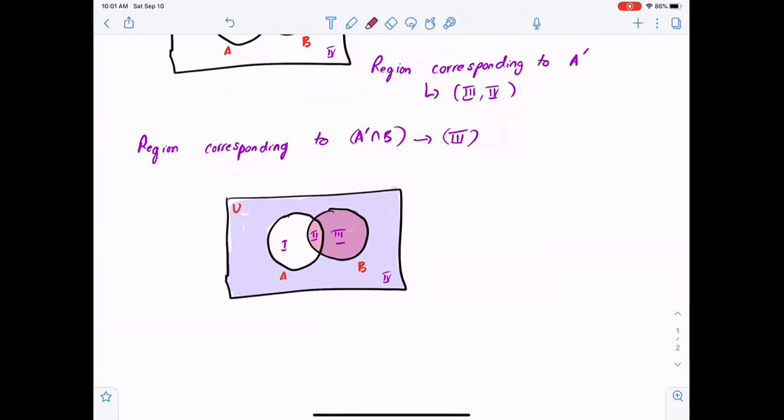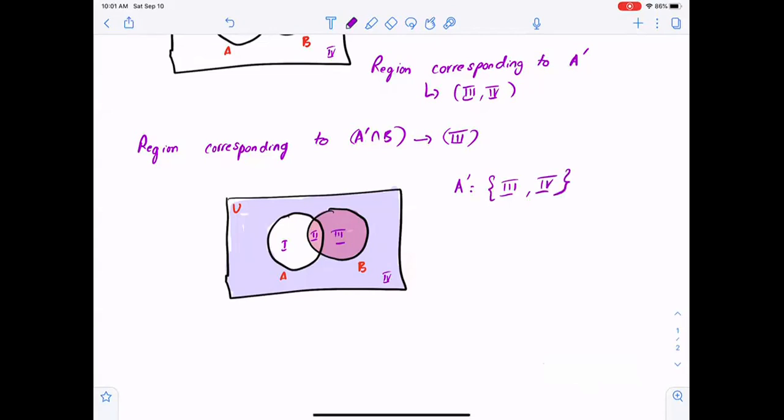Of course, there is another way to do it which doesn't require sketching. Wouldn't recommend the sketching part if you aren't an artist. We know we wrote A complement from earlier as region 3, region 4.